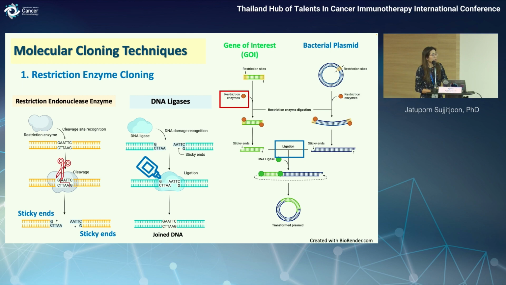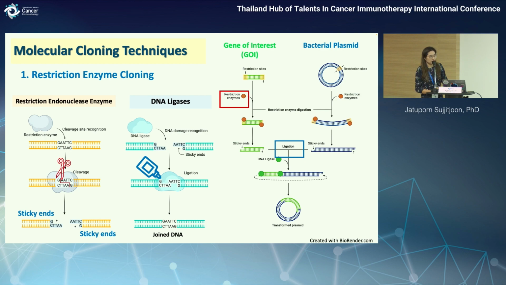The other enzyme that is very useful in this technique is DNA ligase. The enzyme can join two DNA fragments and form a phosphodiester bond, so the ligase is also called the molecular glue that links two fragments.